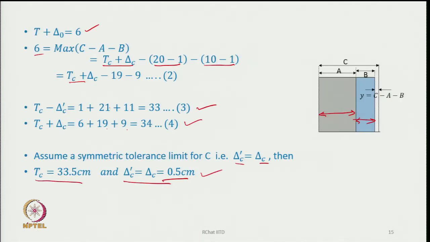So, that means the C has to be designed in such a way that its target width has to be 33.5 centimeter with a tolerance of 0.5 centimeter. That is how we must manufacture the packet, that is C in this case.